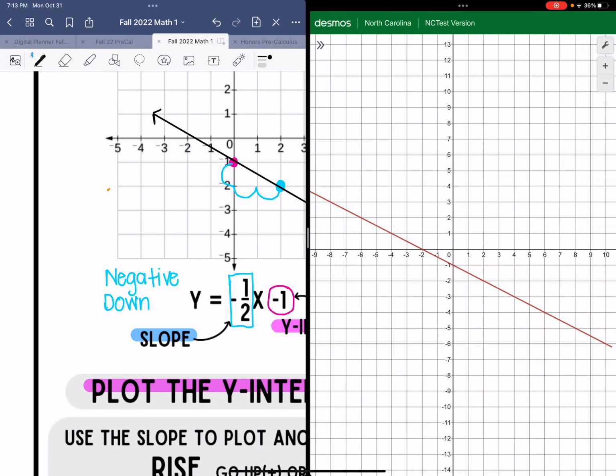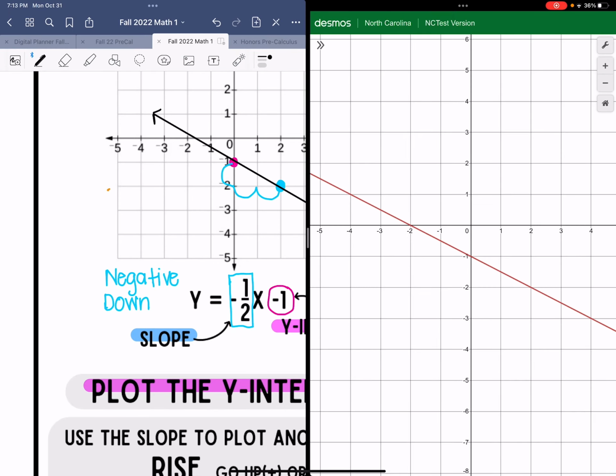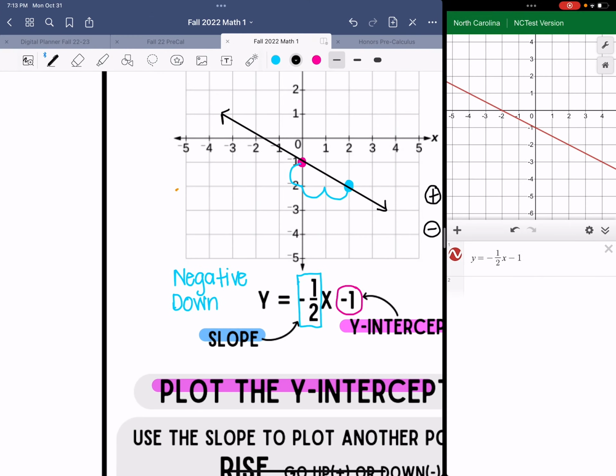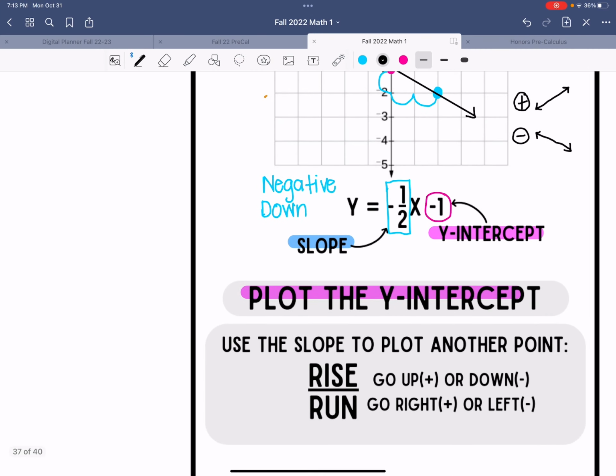If I come right here, I can see that I most definitely intersected at -1, and I'm crossing at the same spots, and I went down 1, right 2.